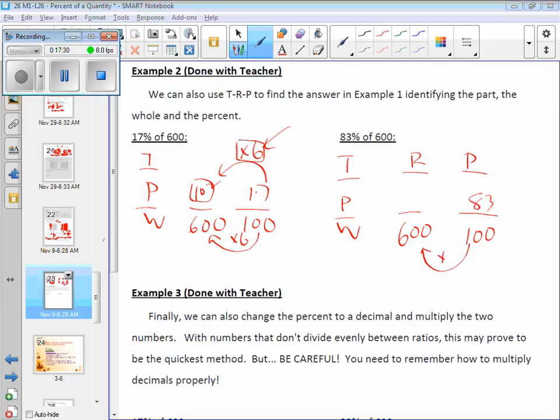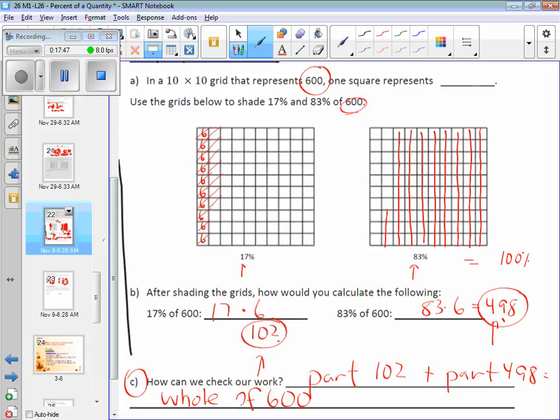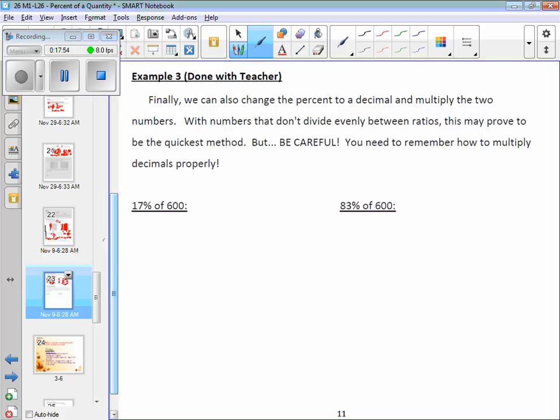Constant, never changes. Right back to what you did back in the grid sheet. 83 times 6. Look at that, 498. Easier than grids, right? Ready? Watch. Easy. Easier. Now I'm going to show you easiest.